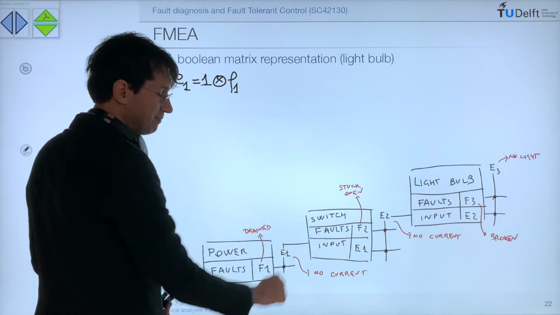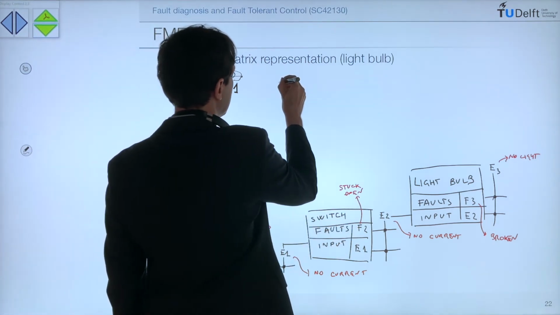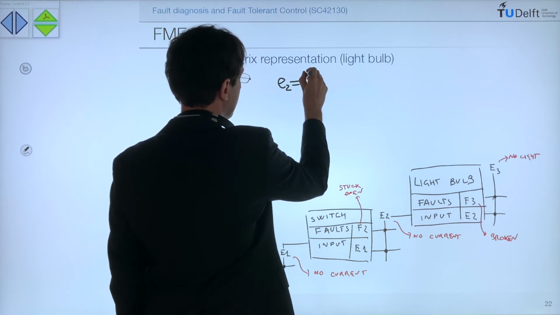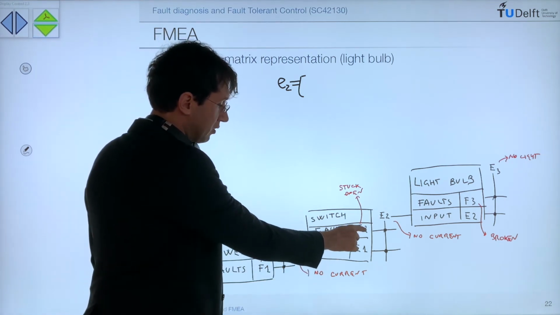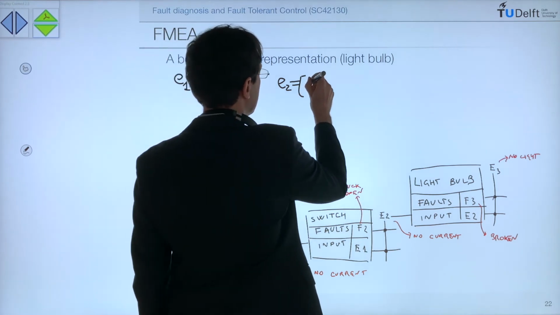At this level, what we have is that E2 is equal to, well, we know that it is either due to E1 or due to F2, so we write that this way.